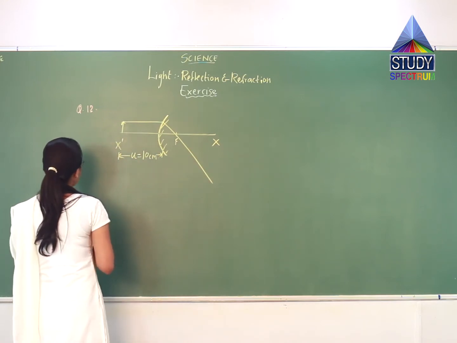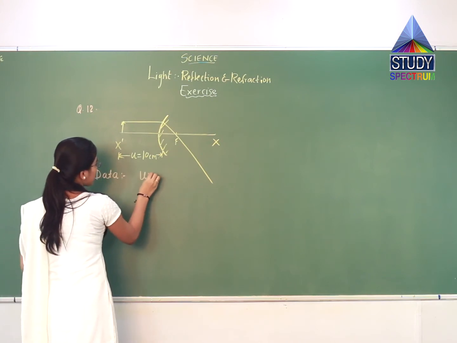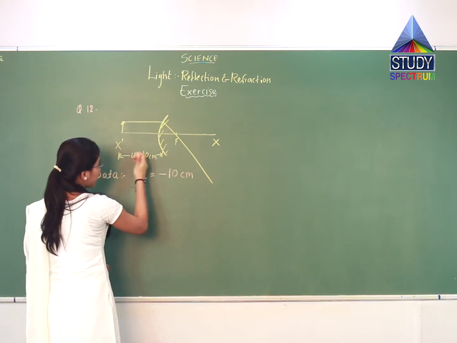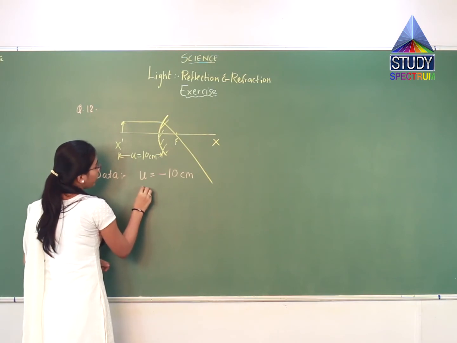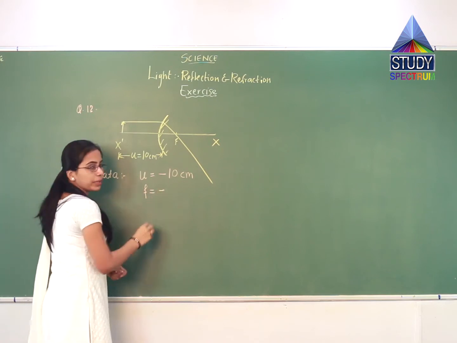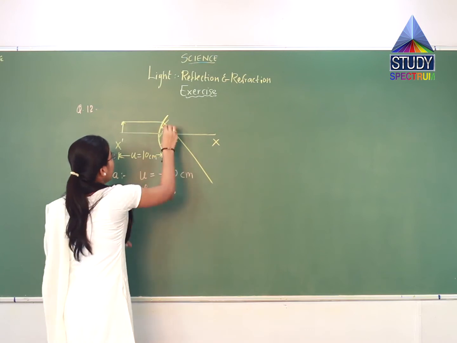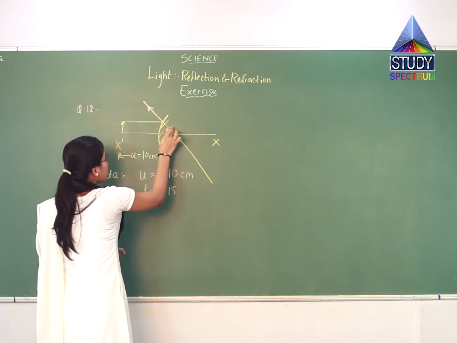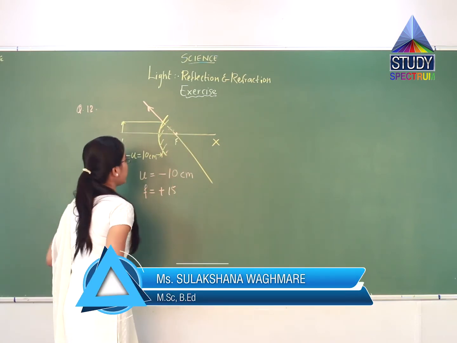So let us write down data here. Distance is given, so it will be minus because we are placing our object here. Then you will see focal length is also given, so it will be plus because the ray appears to be reflected from the focus which is on the right hand side.